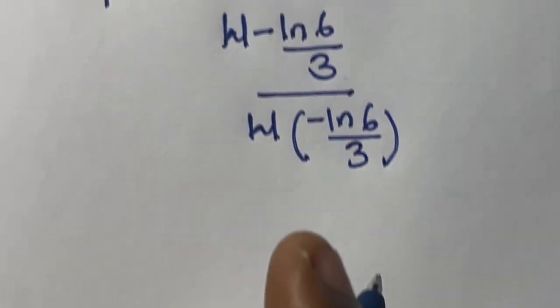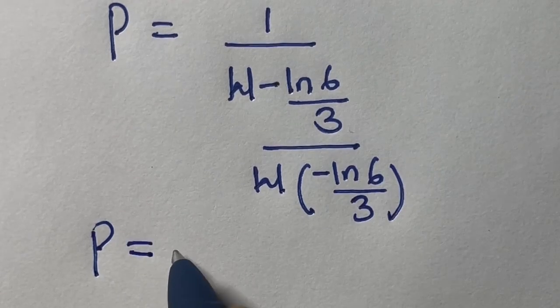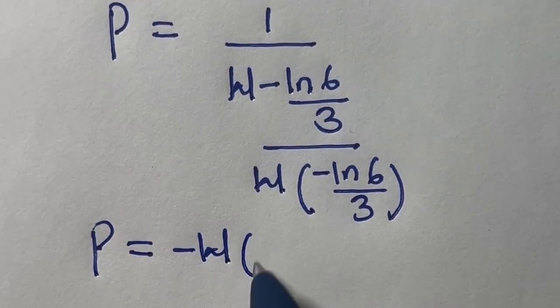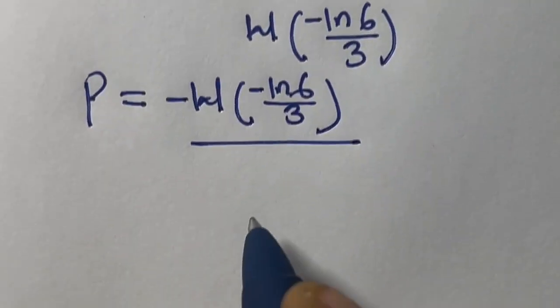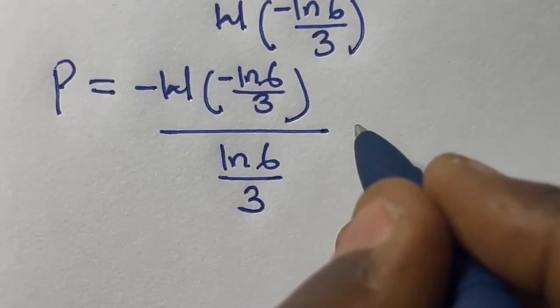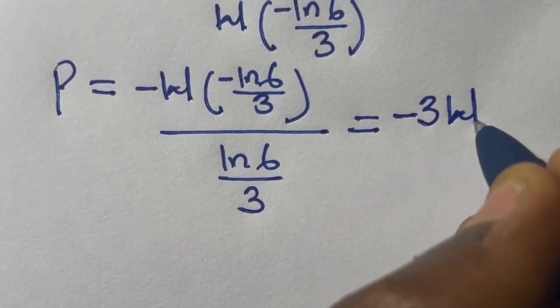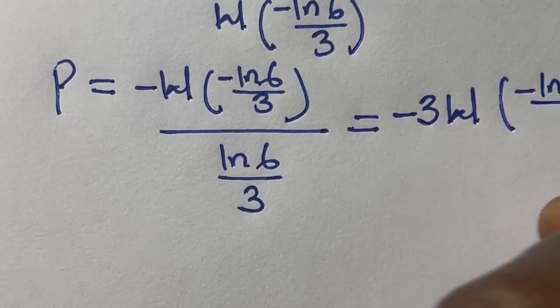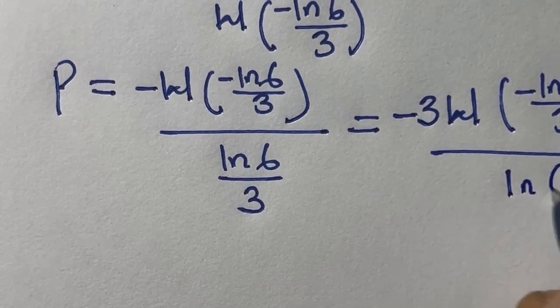So from here, we'll have p equals minus the Lambert function of minus ln 6 divided by 3, divided by ln 6 divided by 3. And this is equal to minus 3 times the Lambert function of minus ln 6 divided by 3, divided by ln 6.